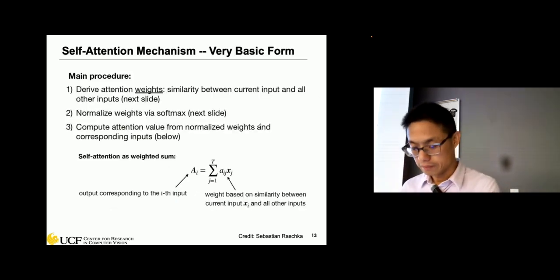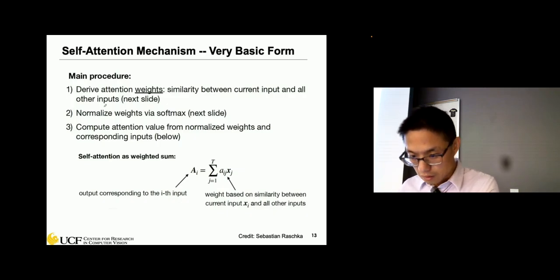Before we look into the self-attention mechanism in the transformer, I just want to briefly talk about the basic form of self-attention, to ease the understanding of how it is used later in the transformer architecture.